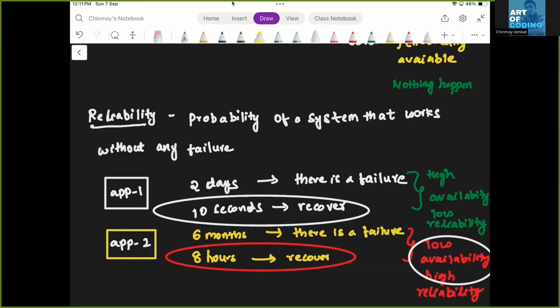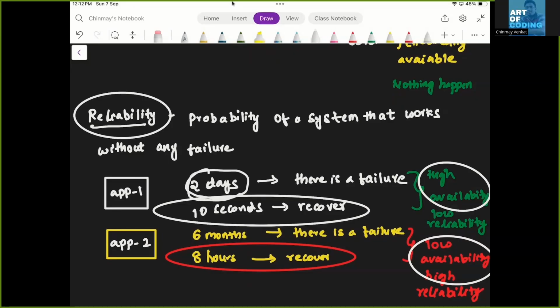The probability of a failure occurring is represented by reliability. Here the probability is for just 2 days. Every 2 days we have a failure. That means the failure repetition is higher.